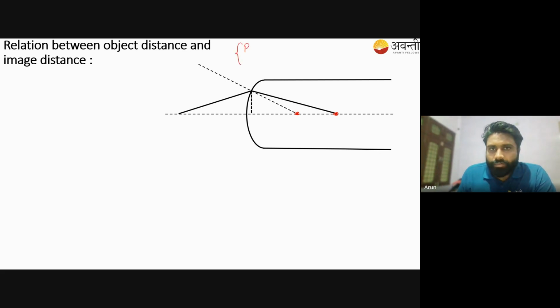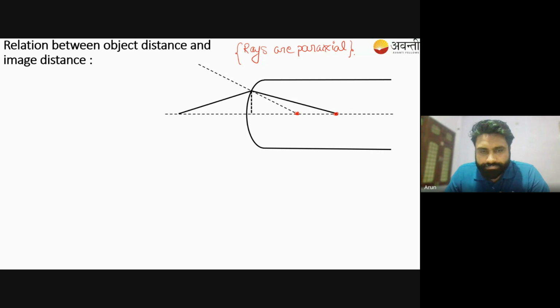So I'll note down here first: rays are paraxial. Okay, this angle is alpha, this angle is beta, this angle is gamma. This is the incident ray falling on this curved surface.